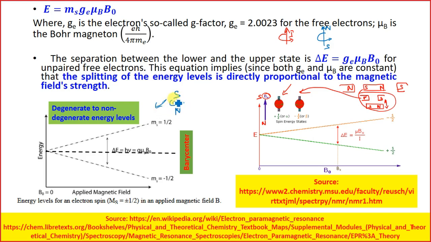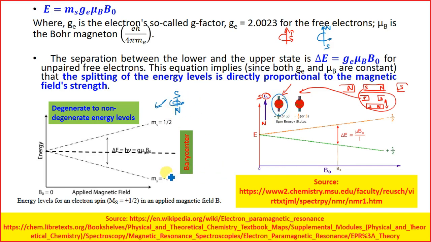So when we are having this in the counterclockwise direction, the magnetic field or the magnetic moment which will be generated will be opposite to this one.